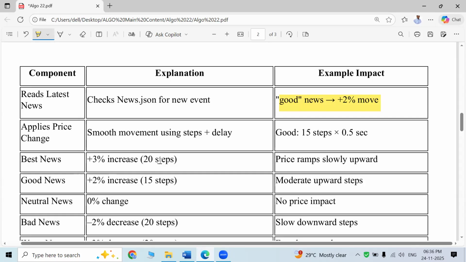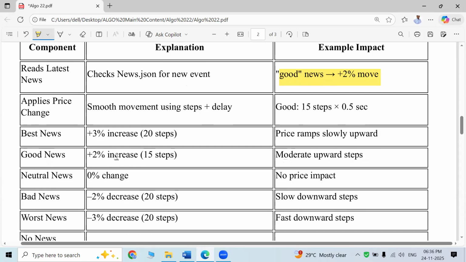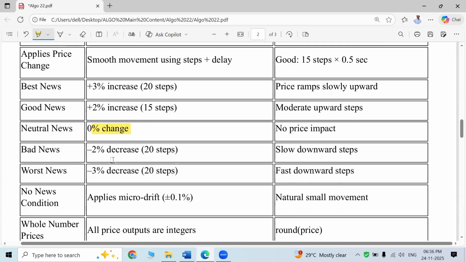Neutral news means no change in the market, no price impact. Bad news, 2% down. Worst news, 3% down. So you can see here this complete part: for each news, we have decided what the movement would be.